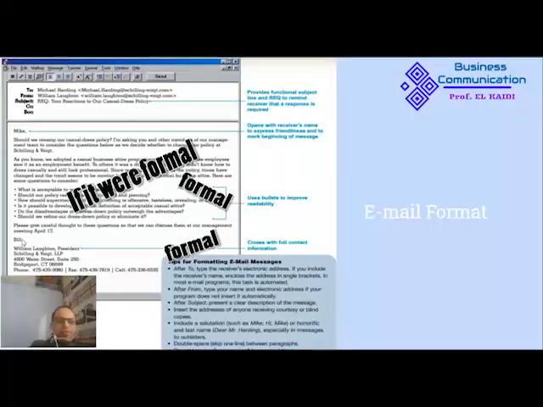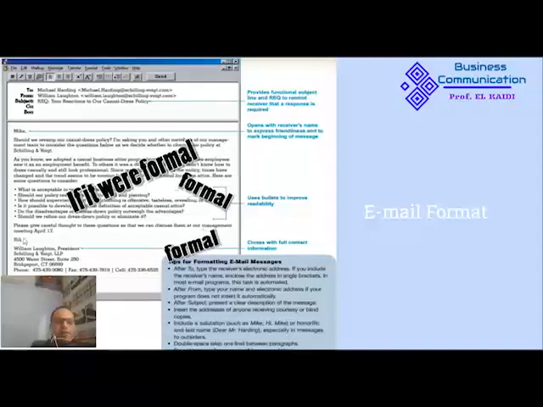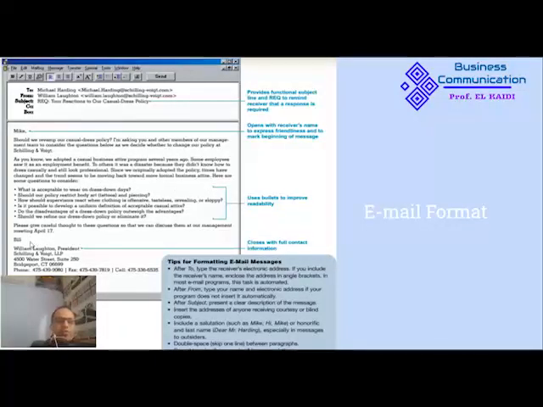Now, if it were formal, the writer would write here, yours sincerely. Okay, and here we have the signature. The signature, some people customize it and include their names, their address, and their contact information, like here.